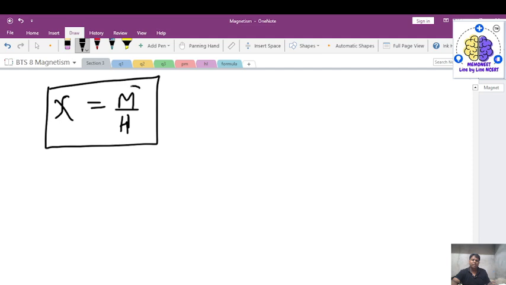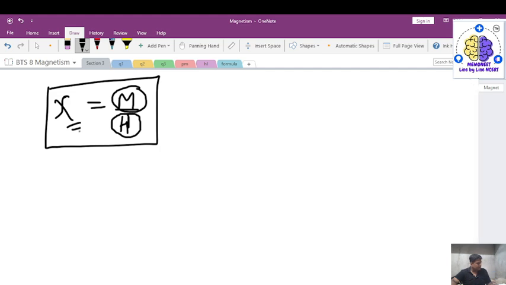This is the magnetic dipole moment per unit volume, and this is the intensity of the external magnetic field which is used for magnetization. The ratio of these two will give you Xi, which is known as magnetic susceptibility.